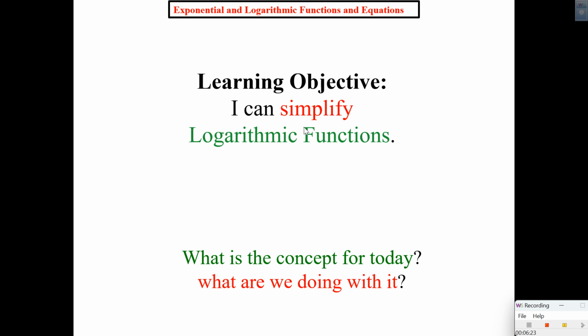All right, definition. Joel. Inverse of what?